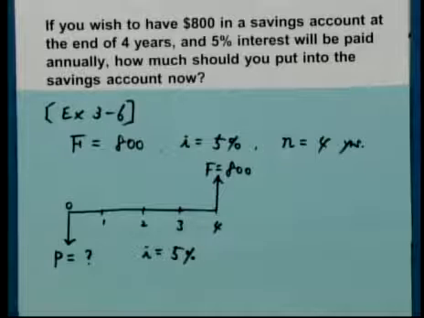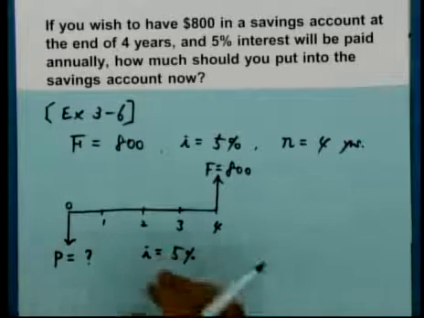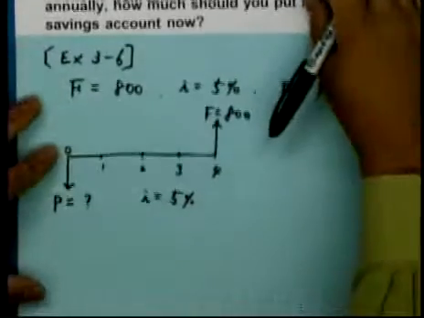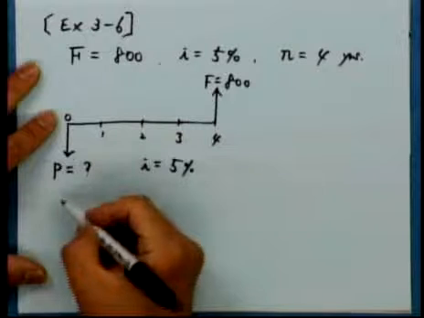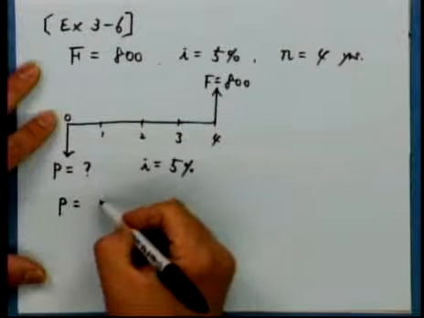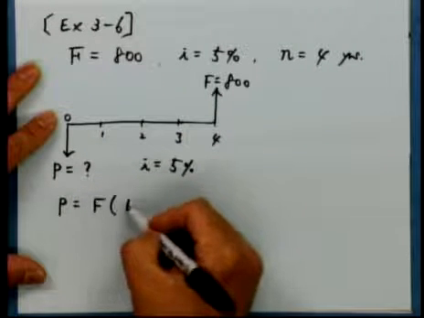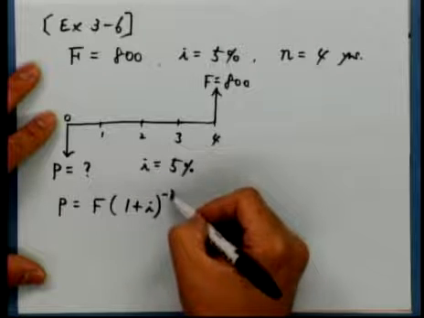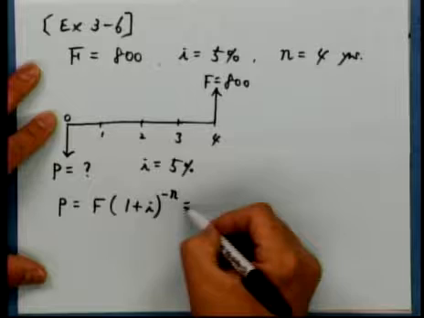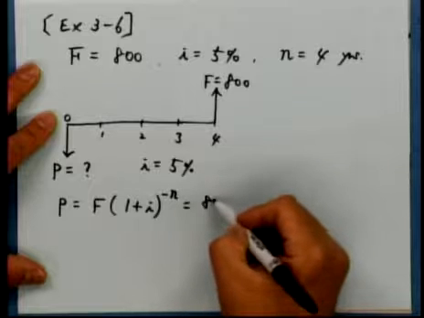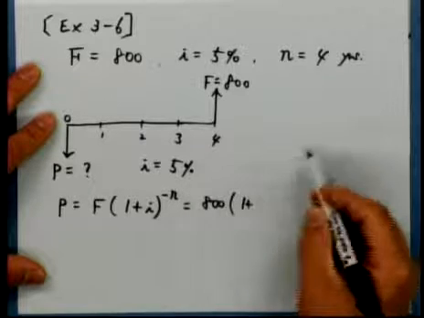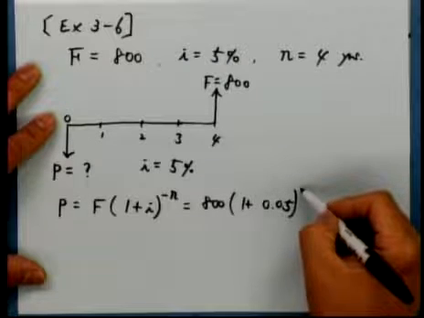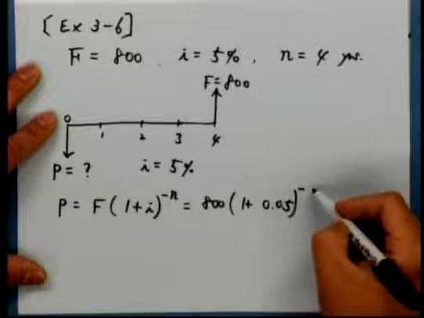Okay. So using the single payment present worth formula, which is P equals F times (1 plus i) to the power negative n, equals 800 times (1 plus 0.05) to the power of negative 4.